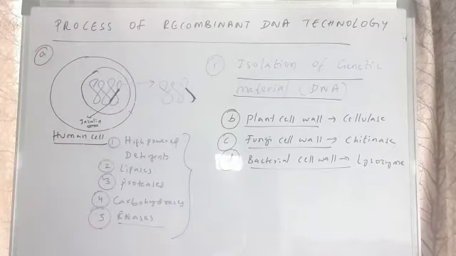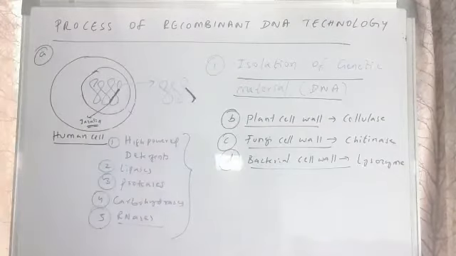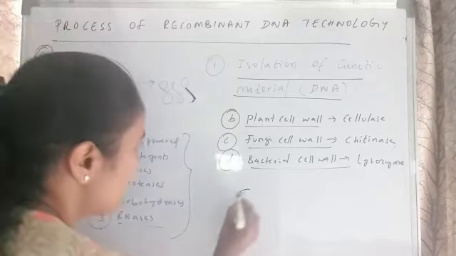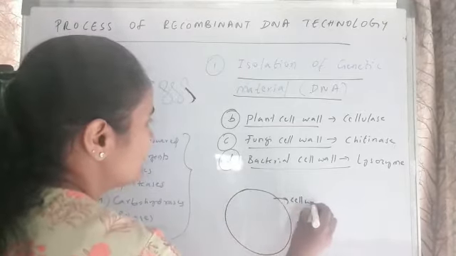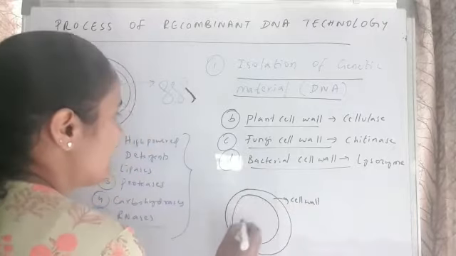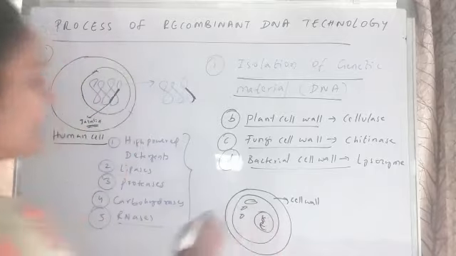Right, before that, what if I have to extract the genetic material from a plant cell? You know that a plant cell has a cell wall. It has a plasma membrane, various kinds of organelles, a nucleus and the genetic material.